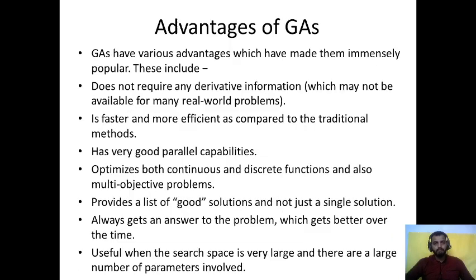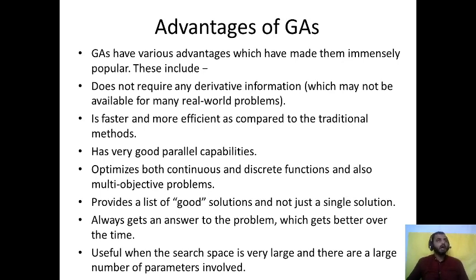Now moving forward, what are the advantages of genetic algorithms? Genetic algorithms have various advantages which have made them immensely popular. The first one is that it does not require any derivative information, which may not be available for many real-world problems.